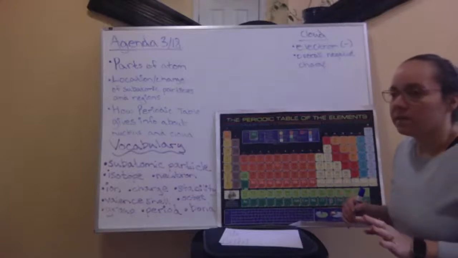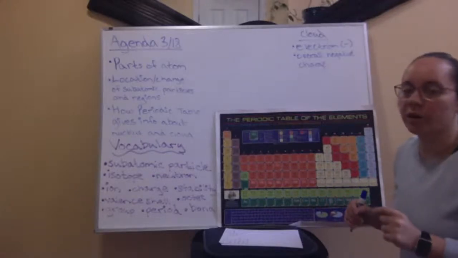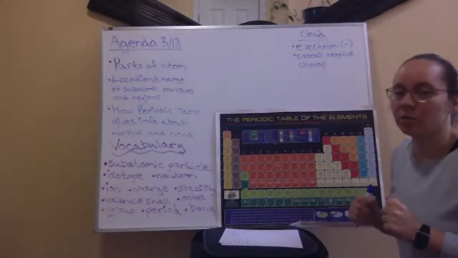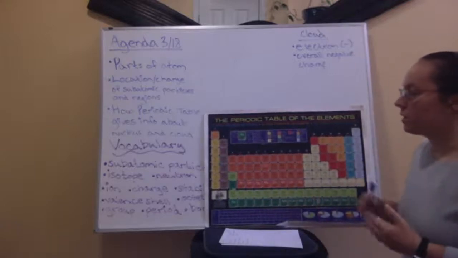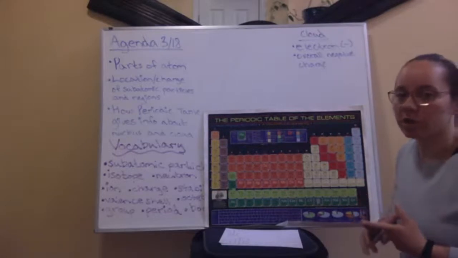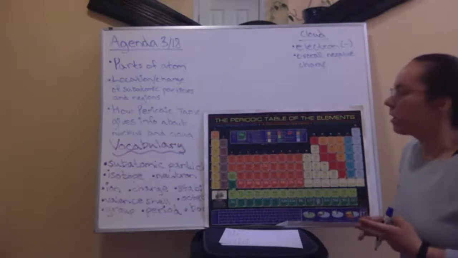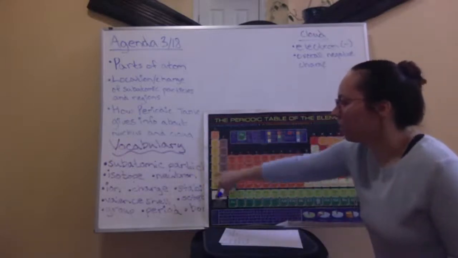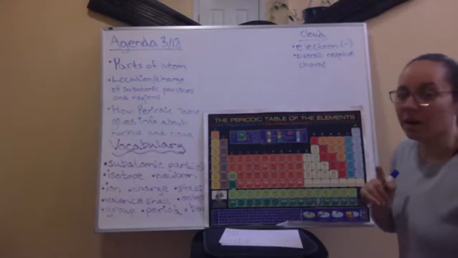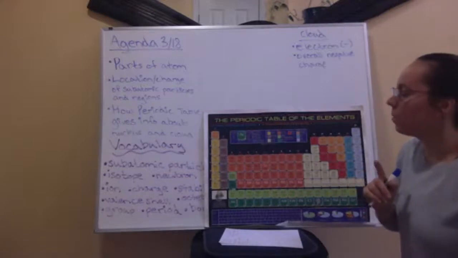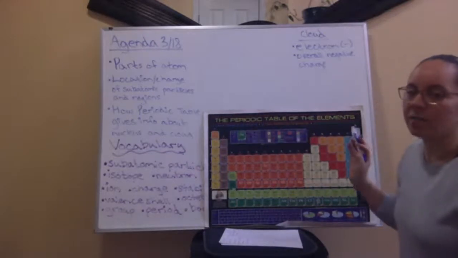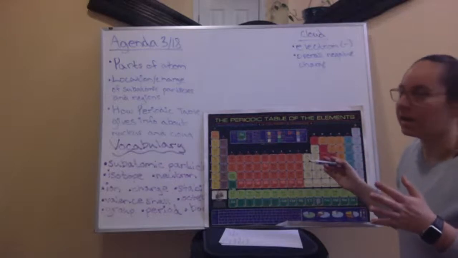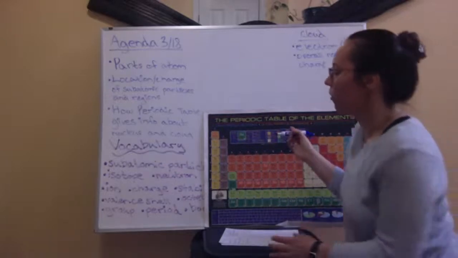So just in case, please make sure you're able to do this, because I cannot provide you with this information. You have to know this information. What I'm specifically talking about is the charges and the valence electron numbers. Now, I believe the periods are given on the side. I'm not positive, but I think so. I'll have to verify that for you. The group numbers are given, but I think it says 1 to 18. And I really need you to know 1 to 8 because that gives you more information and it's more user-friendly.